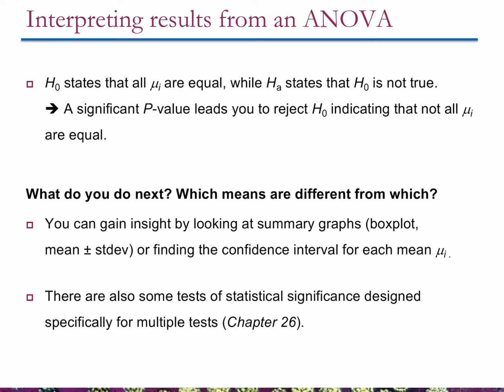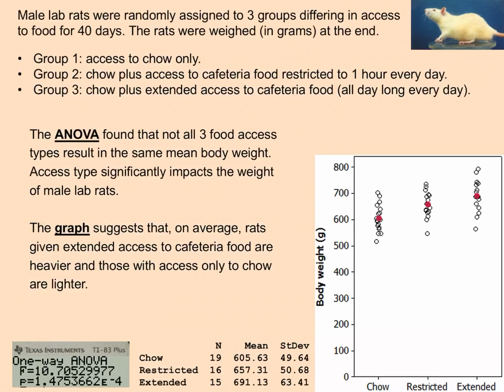You don't know which comparisons this is referring to. So we have to do either summary graphs, like a box plot or an interval plot, which is what we're going to do next, or you can actually do follow-up statistical tests of significance, and that's covered in chapter 26, but those are frankly beyond the scope of this class, and we don't have time for it anyway. So we're going to use some summary plots to sort of figure out where that significant difference might lie.